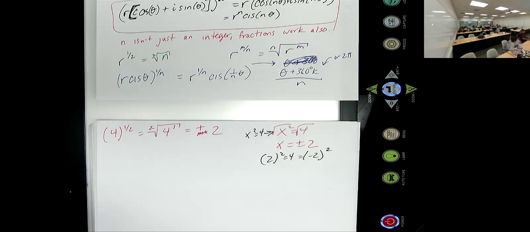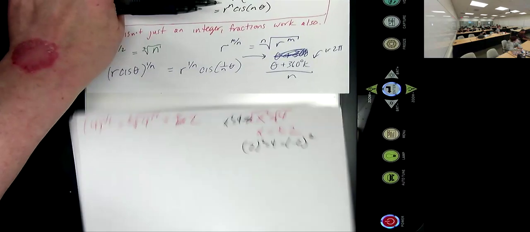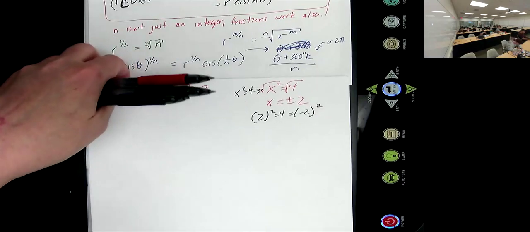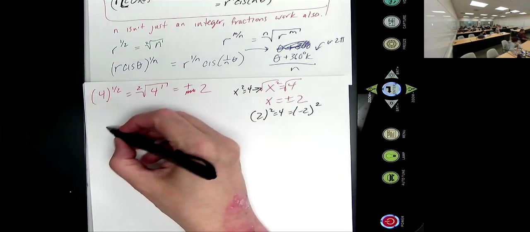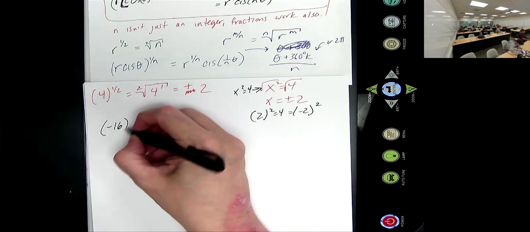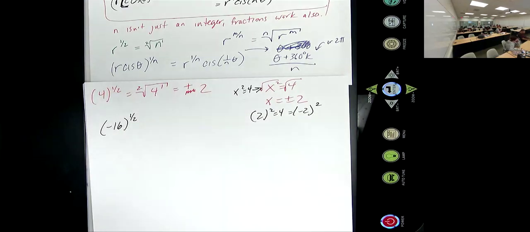So let's do some examples. Actually, let's build on that one. How about negative 16 to the 1/2? Oh, this is tricky.